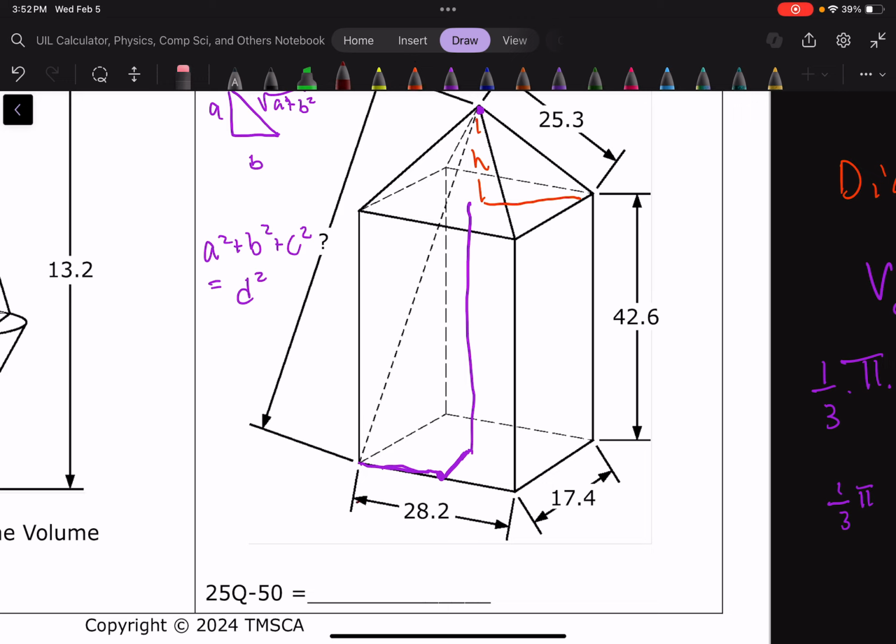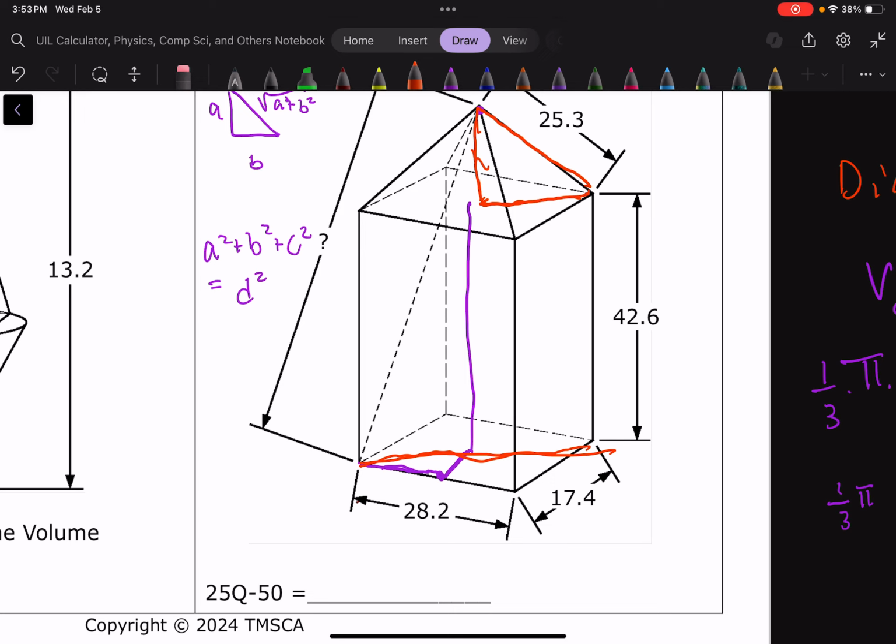You do the Pythagorean theorem with 28.2 squared and 17.4 squared. And when you square root those, after adding them, we get 33.6. So this diagonal here is 33.6. But we're really working with half that distance and this height here to get that length here.